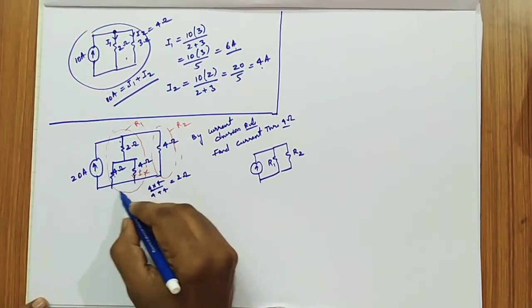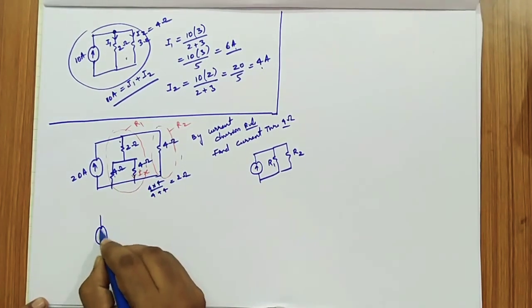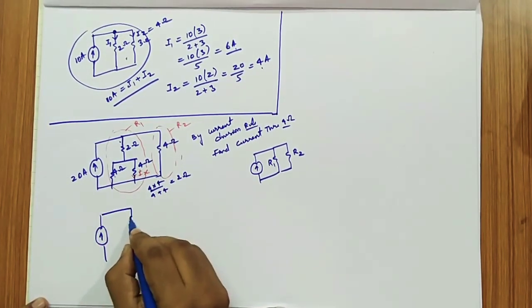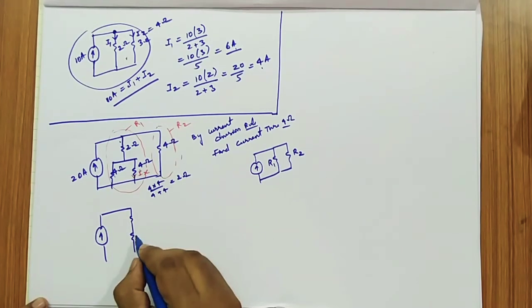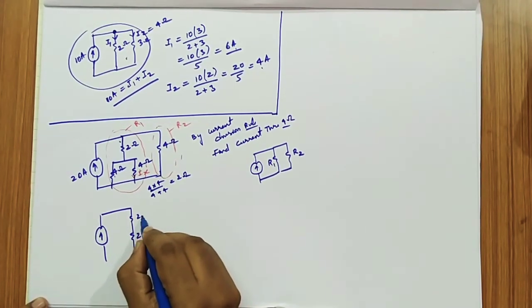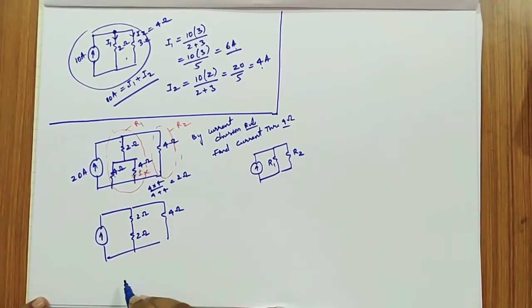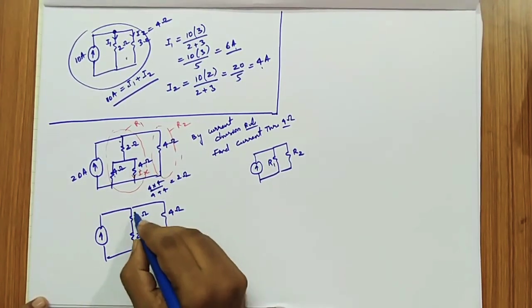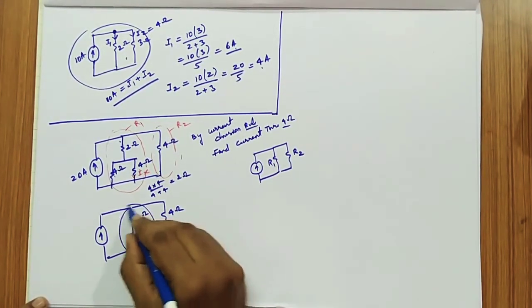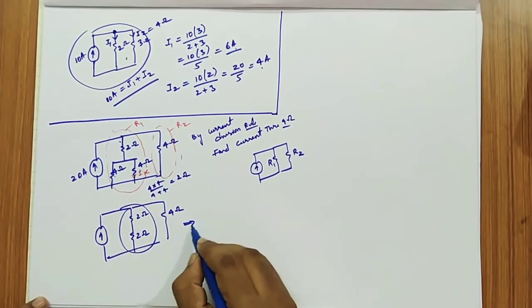So you replace this with 2 ohms in this branch. So this is 2 ohms and this is 2 ohms, and this is 4 ohms. Now these two 2 ohms are in series, so you reduce this into one branch.